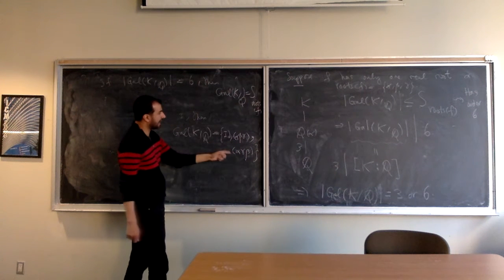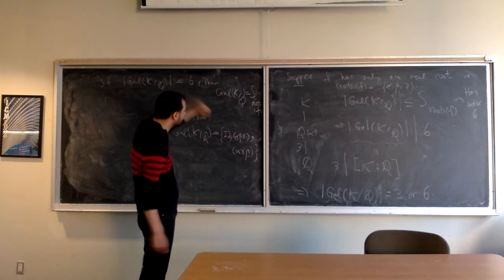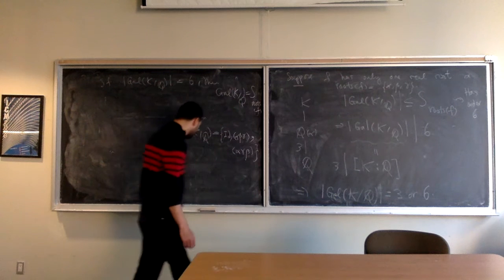On the other hand, if the Galois group has 6 elements, then it will be the full symmetric group on the set of roots of F.